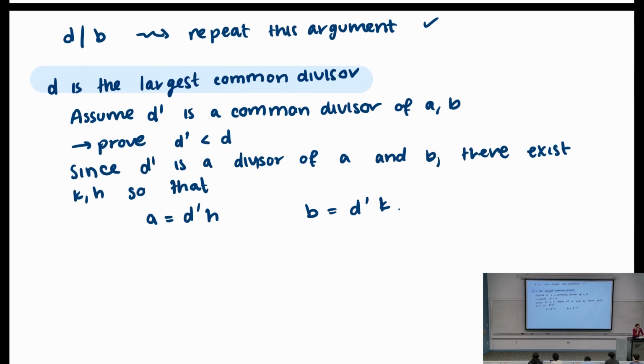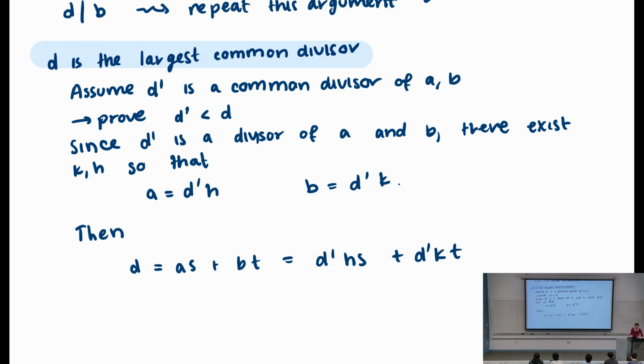Okay, so now I'm going to do a little rewrite of D in a tricky way. D by definition was A times S plus B times T. And now we know that A and B each can be rewritten in terms of D prime. So this is equal to D prime HS plus D prime KT.